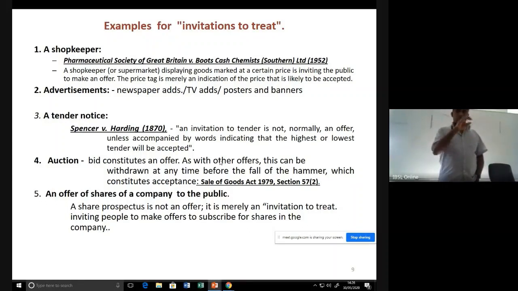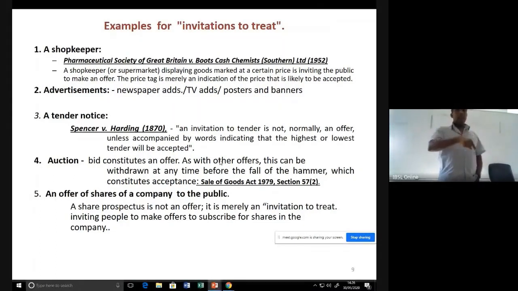I am sure no one will say these words to the teller or to the cashier, right? But that is implied. That is an implied offer. You don't tell that, but that is by conduct that you are making the offer to the shopkeeper or to the cashier.